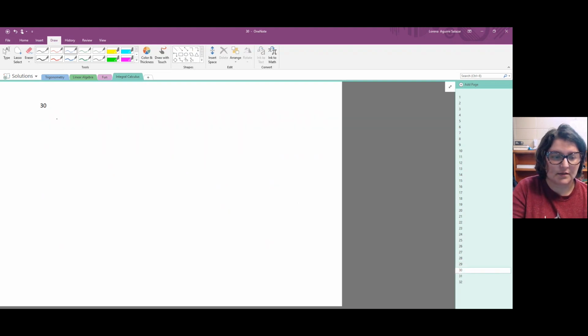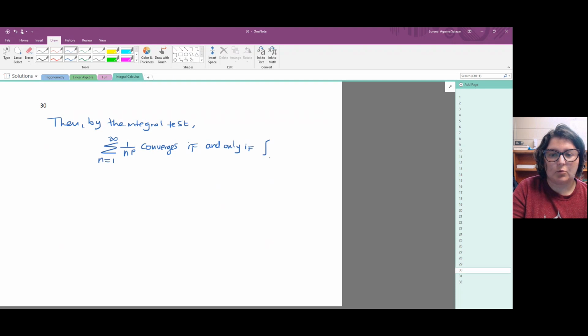So by the integral test, what we have is the following. The summation from 1 to infinity of 1 over n to the p gives us something convergent if and only if the integral from 1 to infinity of the function f of x we took converges.